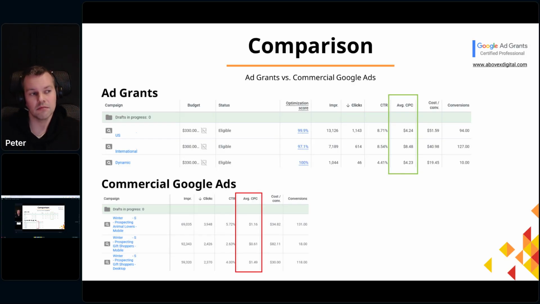And generally speaking, grant is always more expensive. We have some accounts that focus on fundraising keywords or volunteer recruitment keywords, and their CPCs in grant accounts are $15, $20. It's not uncommon to see something like this. In commercial accounts, if you run the very same campaign, you'll probably see CPCs between $1 to $2. Okay, so that's how big the difference can be.